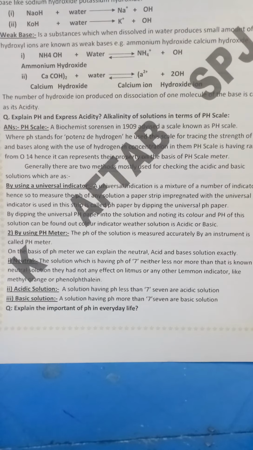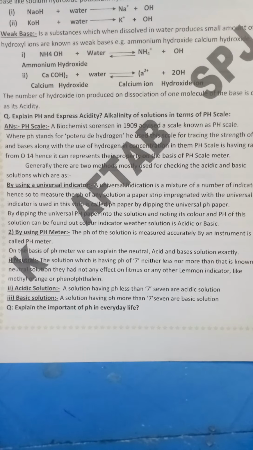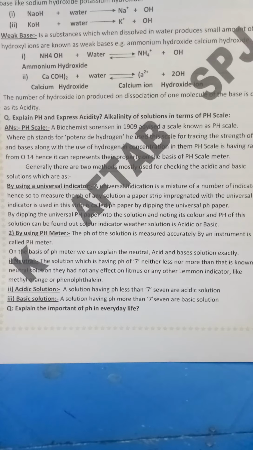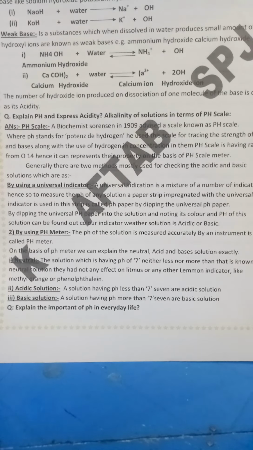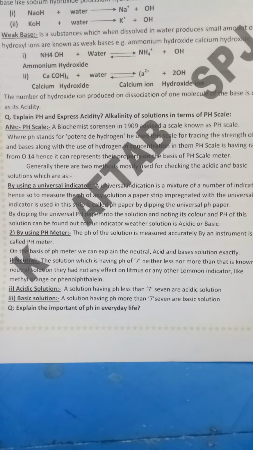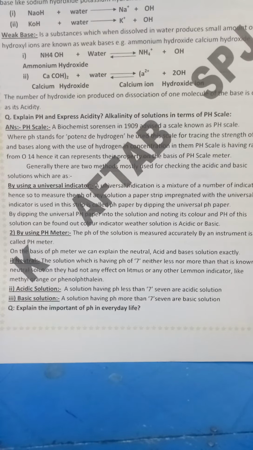When we have to check whether a solution is acidic or basic, we put a strip of litmus paper, red litmus paper, inside the solution. When its color changes from red to blue, it means the solution is basic in nature.